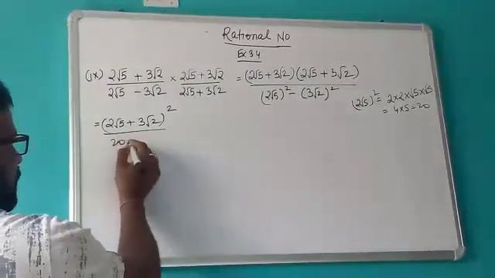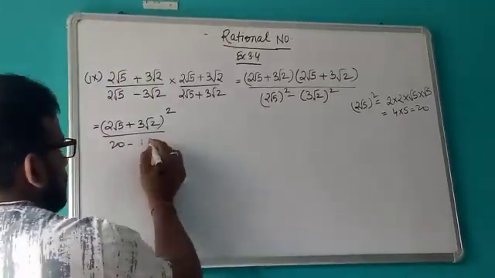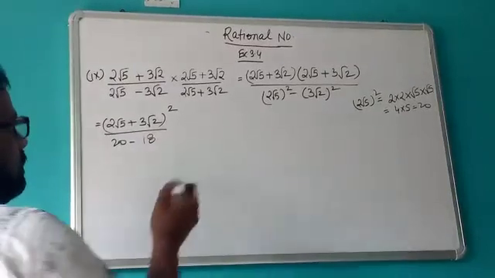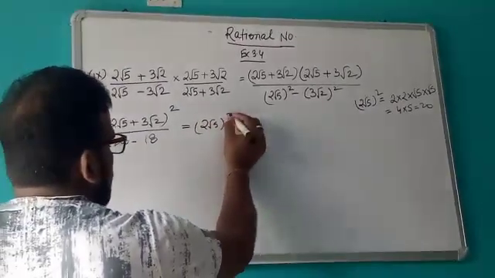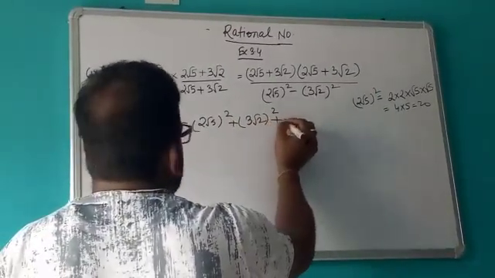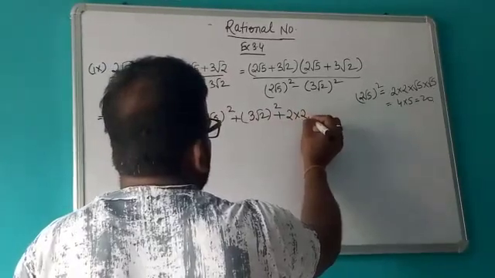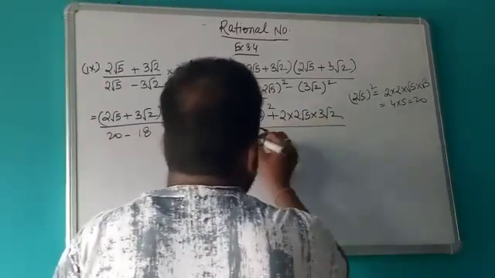So it is 20 minus, similarly what is 3 root 2 whole square? It is 18. Now we will open it by (a plus b) whole square. It is a square plus b square plus 2 into a into b, upon 2.